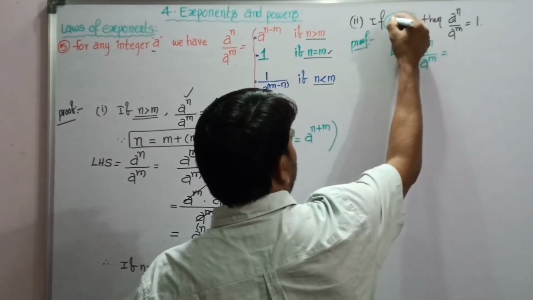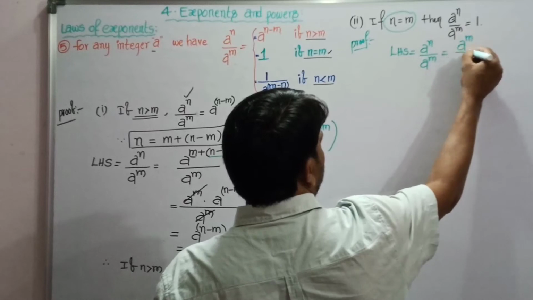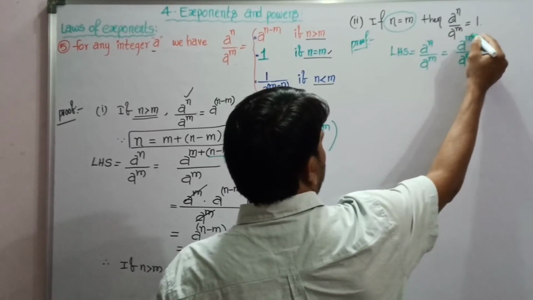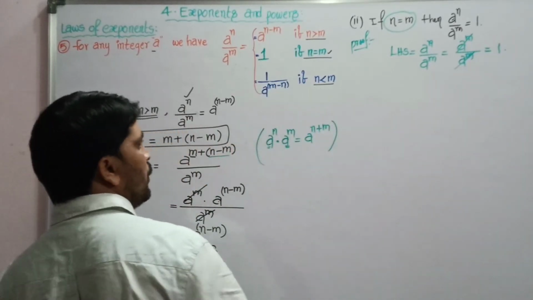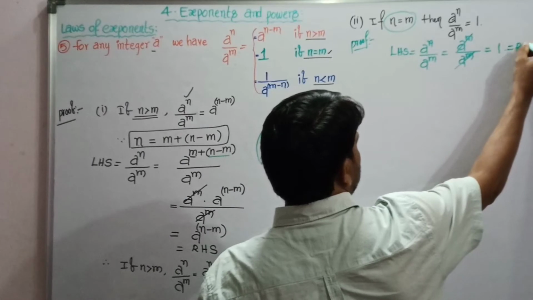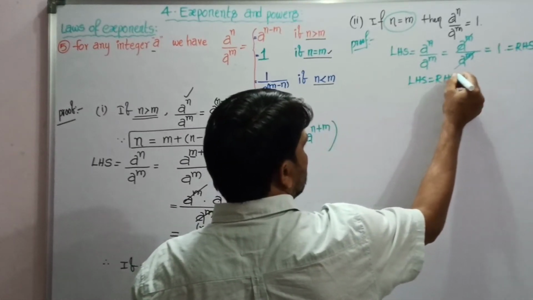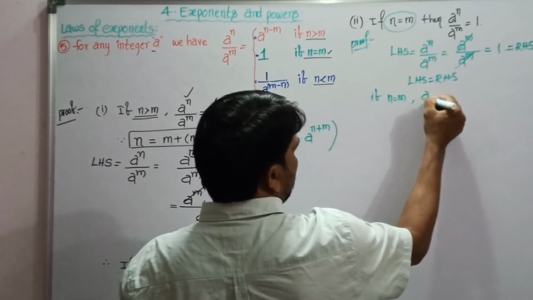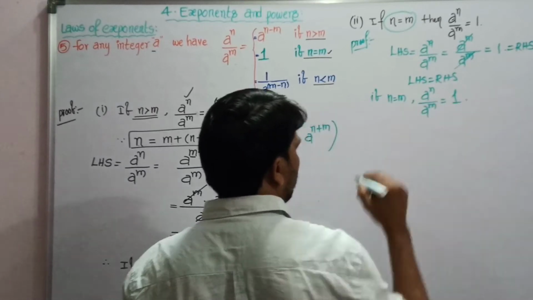Since it is given that n is equal to m, a power n can be written as a power m. So equal terms in the numerator and denominator get cancelled. We get 1, which is equal to RHS. That is, LHS equals RHS.